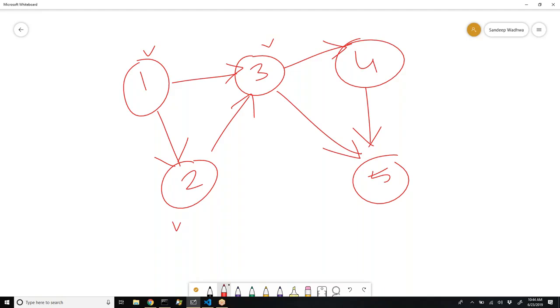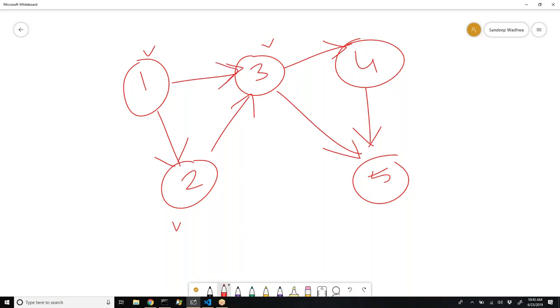Now, if this kind of graph is given to you, the question asked is: give us the order in which you should do all these work items so that the order takes care of proper dependencies. No, 5 will be last in the output. 5 cannot be done early.